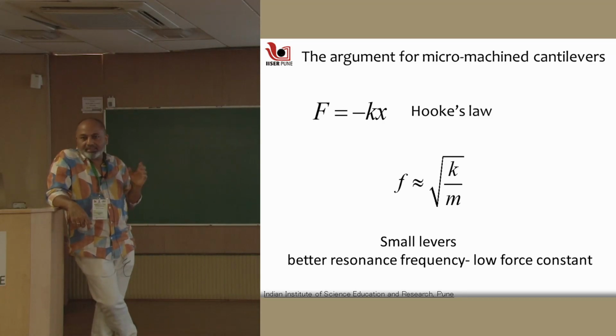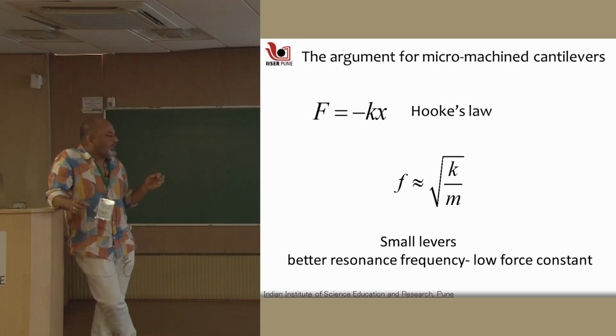So let's say 10 raised to 4 to 10 raised to 6. That is the range of spring constant that one is used to, which is used to measure forces which are large, 10 Newton or 100 Newton or things like that. Okay, and that's a force constant of 10 raised to 5 at least Newton per meter. Now think about forces which are billion times smaller.